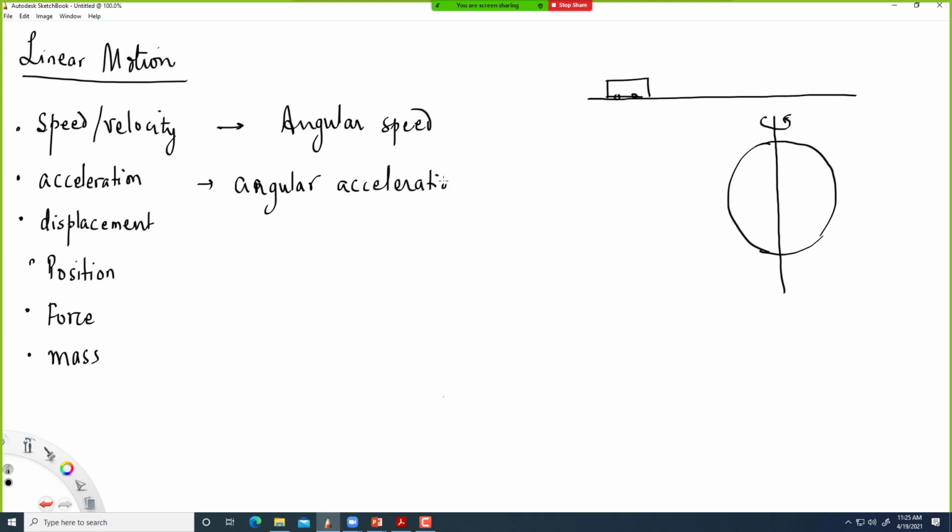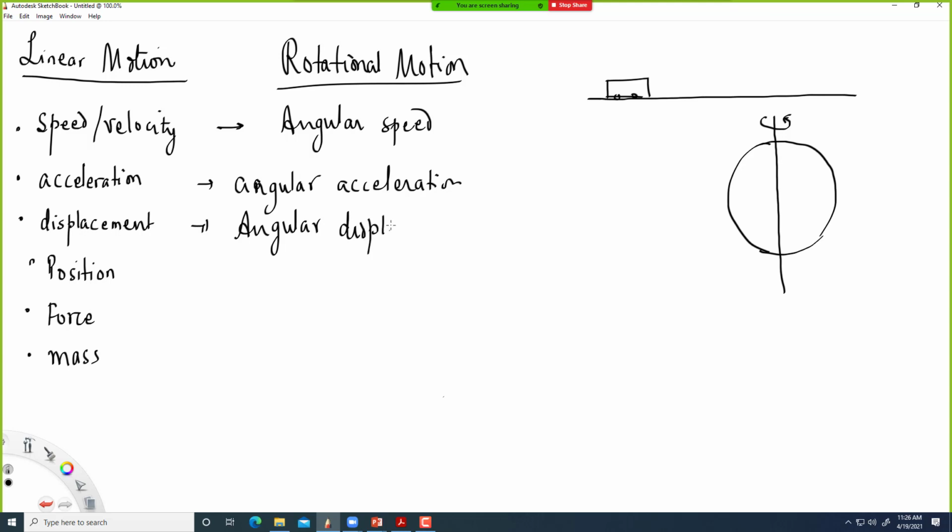For displacement, it's just adding angular. So angular displacement. Okay, this is for rotational motion. Angular displacement. Angular position. Just add angular in front of all these linear quantities. Force, you cannot say angular force.